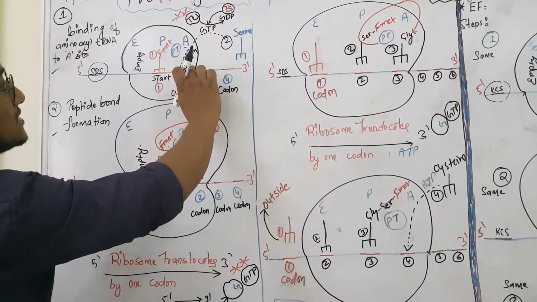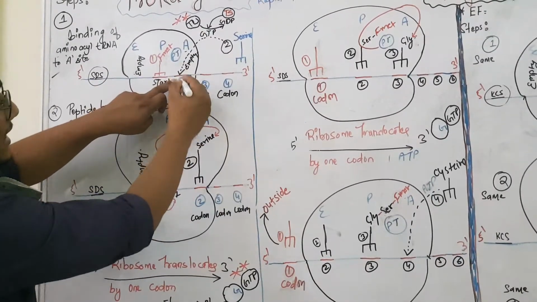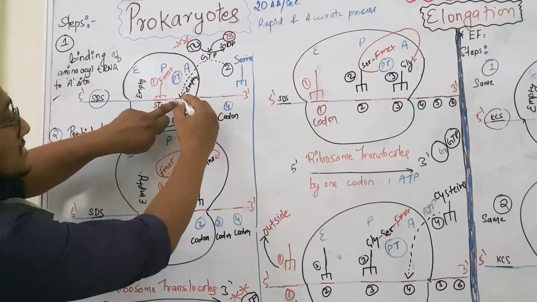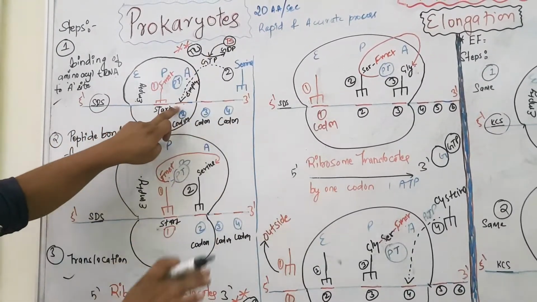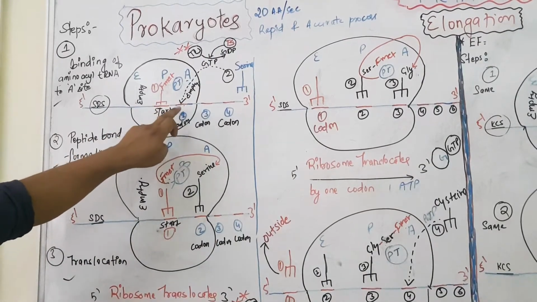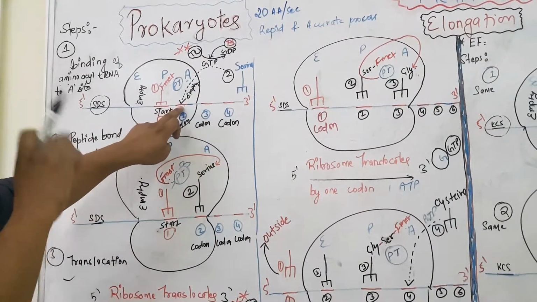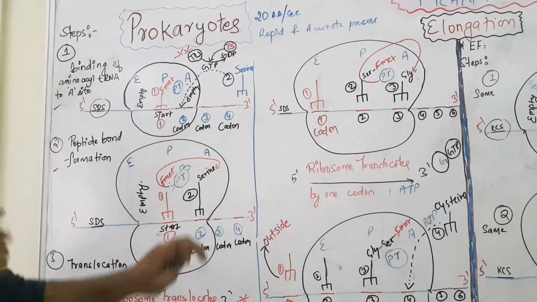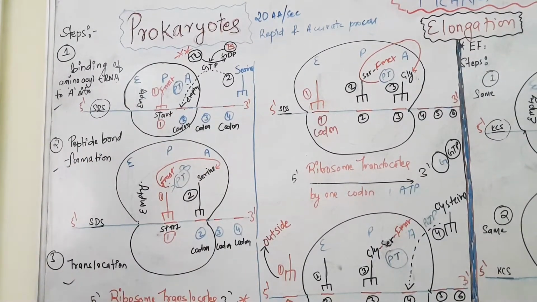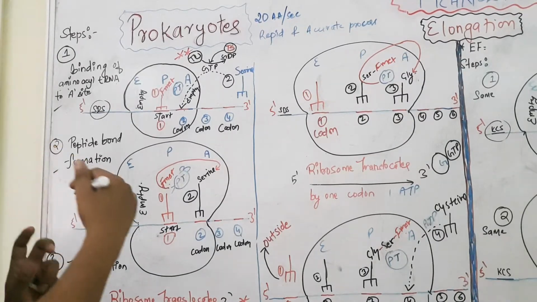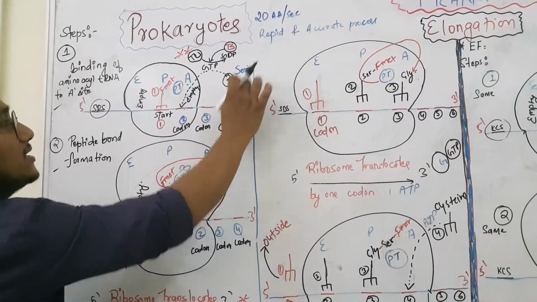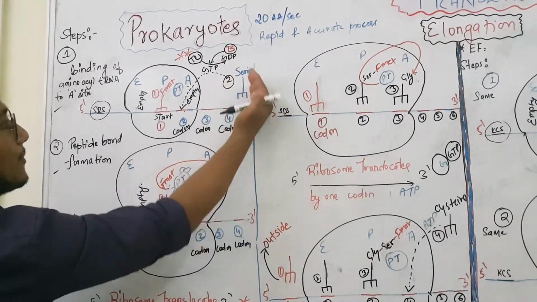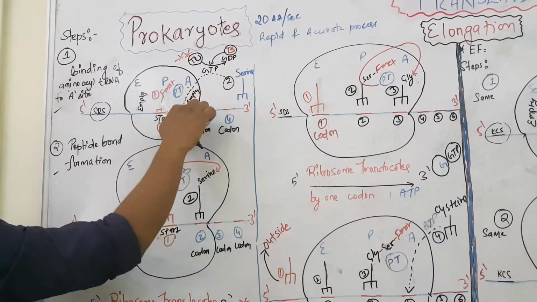The second codon at the A site will be sensed. The nucleotide sequence in the second codon will be sensed by aminoacyl tRNA synthetase, and that specifically brings the complementary tRNA which carries a specific amino acid. So the amino acid with its tRNA enters the A site.